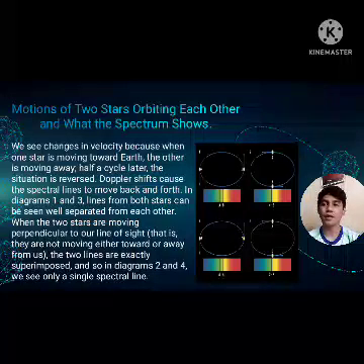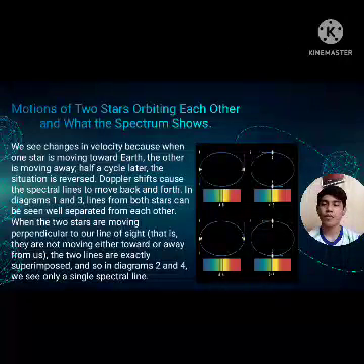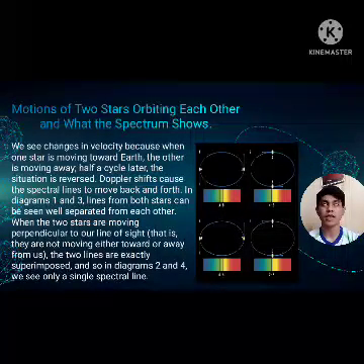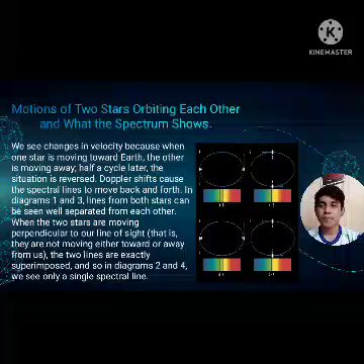The orbit of the star pair is tipped slightly with regard to the observer in the diagrams, or would be tilted with respect to the viewer's line of sight.